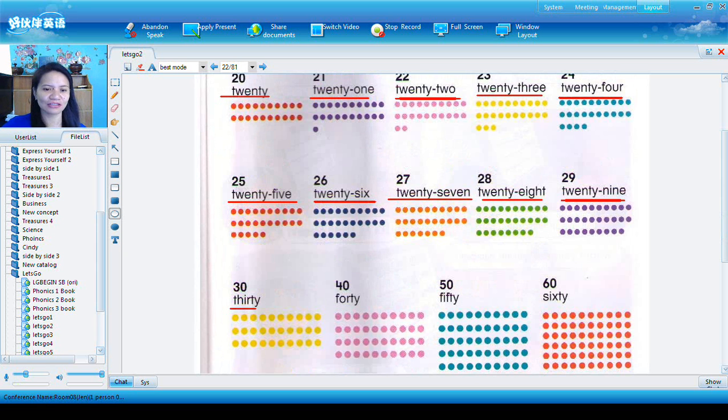Notice that you change the word into thirty. The T here has the short sound of D. Now you'll say, instead of thirty, thirty, 31, 32, 33, 34, 35, 36, 37, 38, 39, 40.